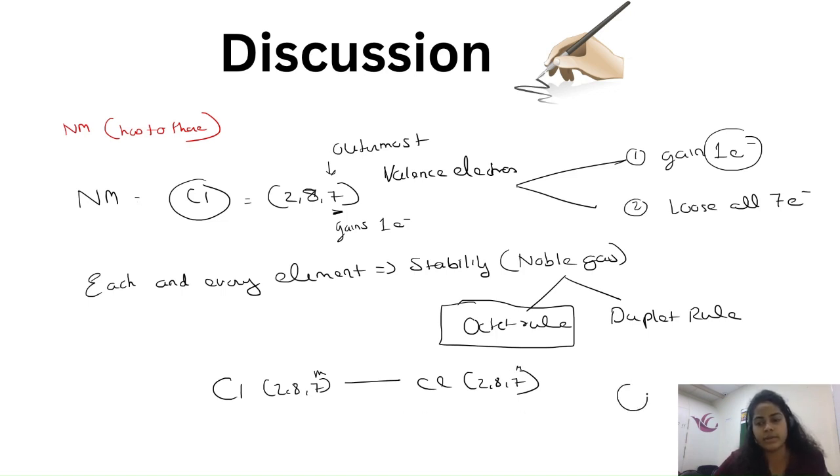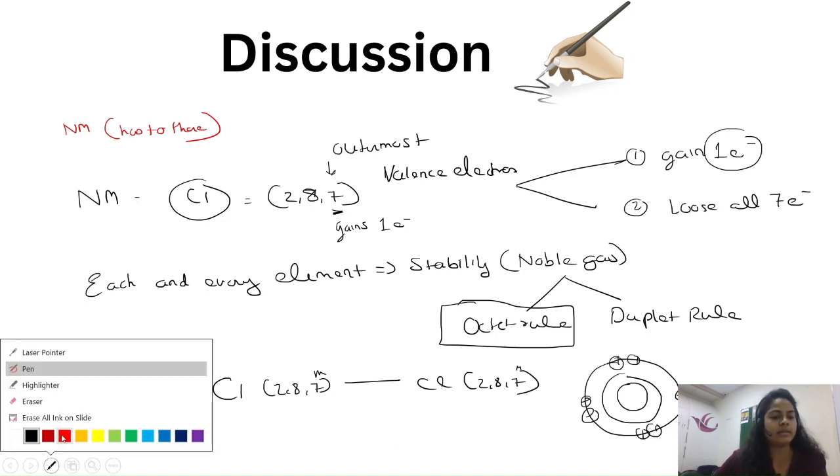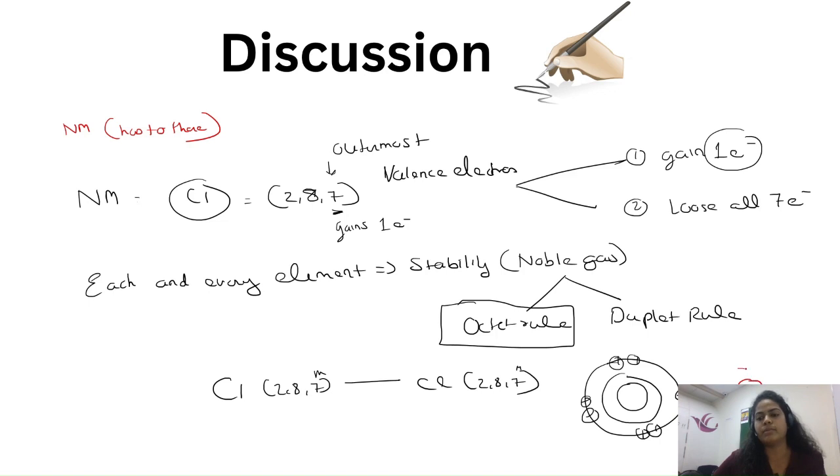Like if this is my 2 8 7, this is the 7th electron of the chlorine, for example 1 2 3 4 5 6, and this is the 7th. Then this will be my other chlorine 2 8 7, with its 7th electron, 1 2 3 4 5 6 7. This is where it is shared.